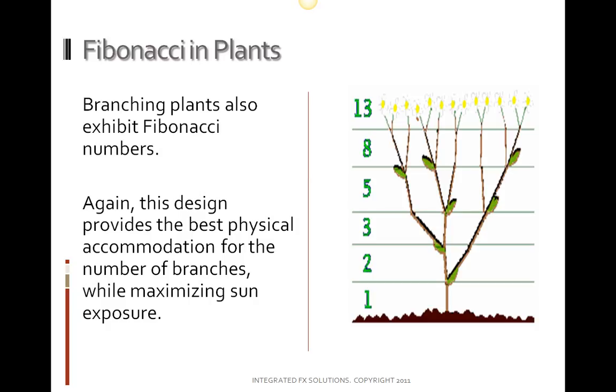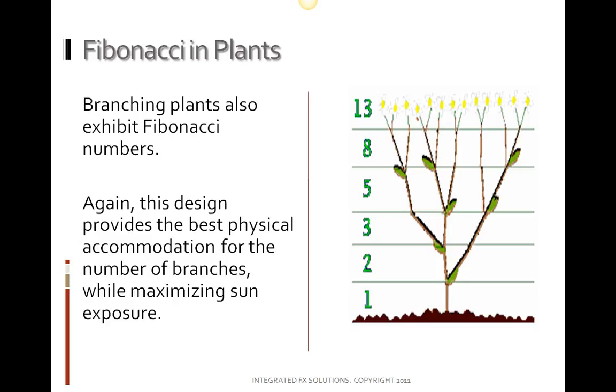Branching plants also exhibit Fibonacci numbers. Again, this design provides the best physical accommodation for the number of branches while maximizing sun exposure. Even the branching system of trees have Fibonacci's pattern.